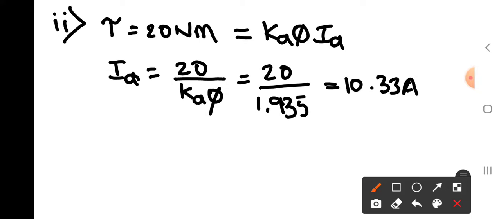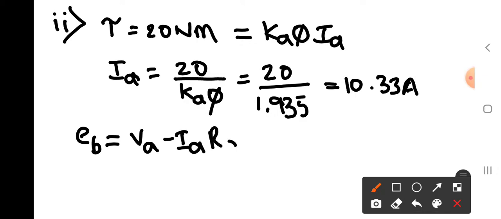Okay. So now you need to find the back EMF. What is the back EMF equation? Eb is equal to Va minus Ia into Ra. You know the value of Ia. You need to find the value of Va. How can you find it? We already got the value of Va at alpha equal to 60 degrees.